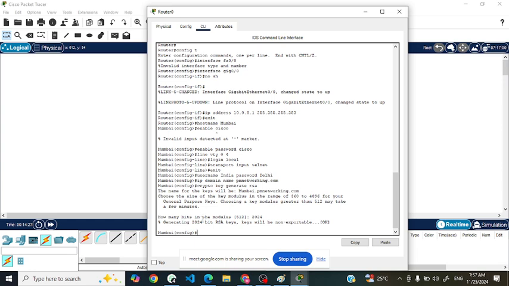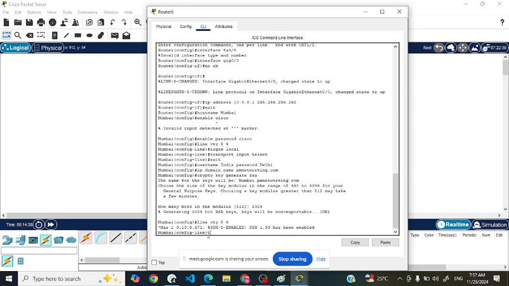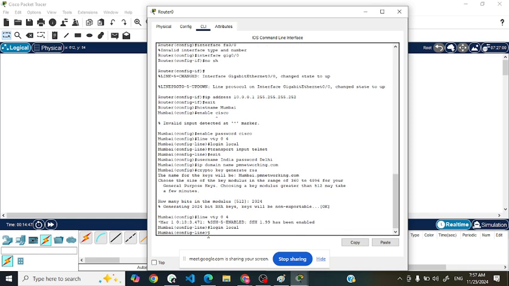So we will have to perform the changes. So line VTY 0 to 4, login local, and transport input SSH.